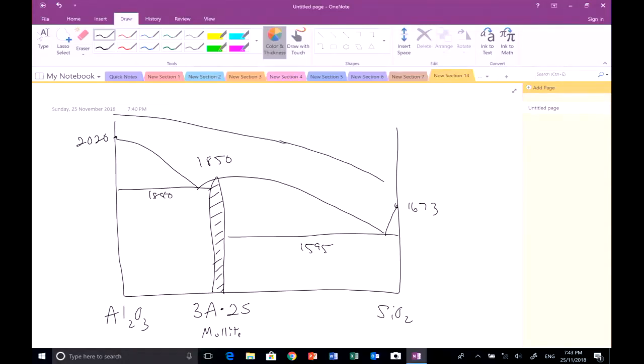So we can see that silica is a flux for alumina. The second thing we can see is that mullite is a pretty refractory phase. It is the only reaction product in this system. So if I put those two together, I'm always going to get mullite in equilibrium.